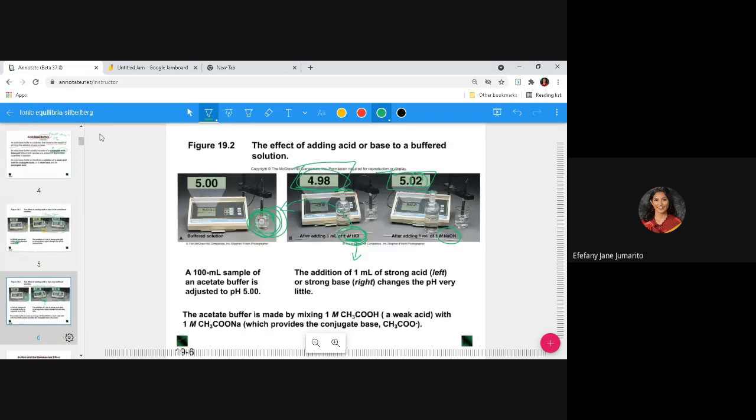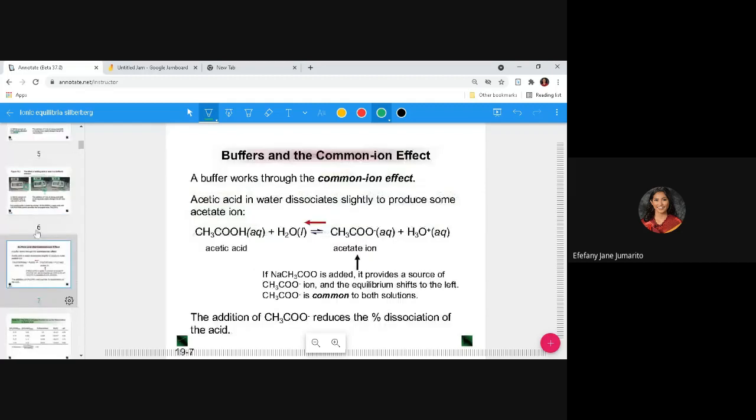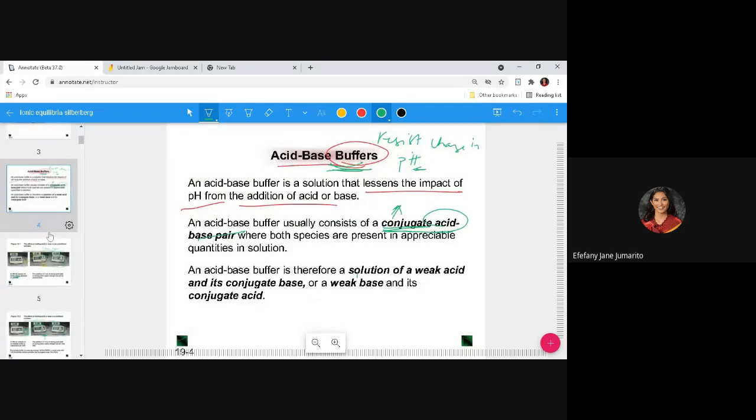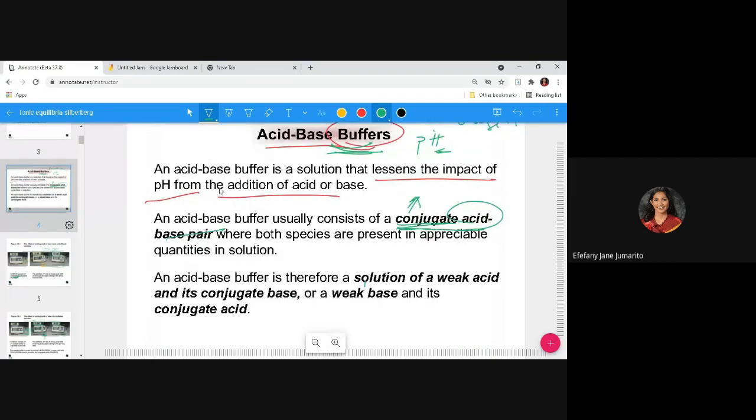So that's it. Now, how to determine? Please read.